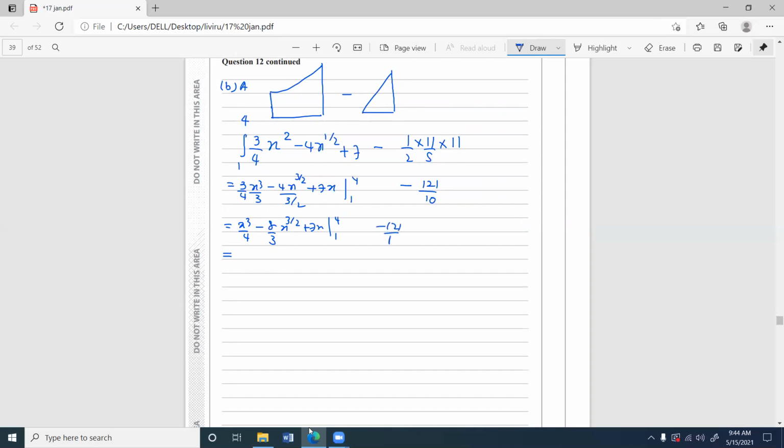We are doing it from 1 to 4. That answer becomes 2007 over 48 minus 121 over 10.